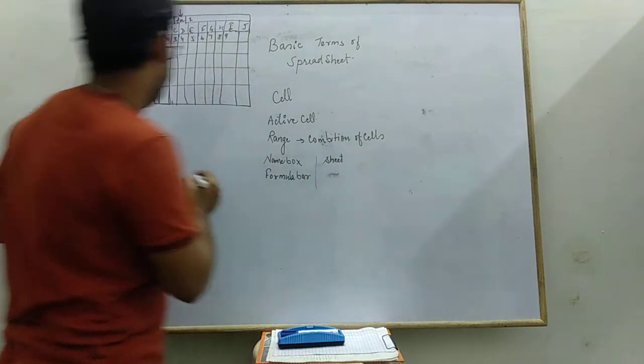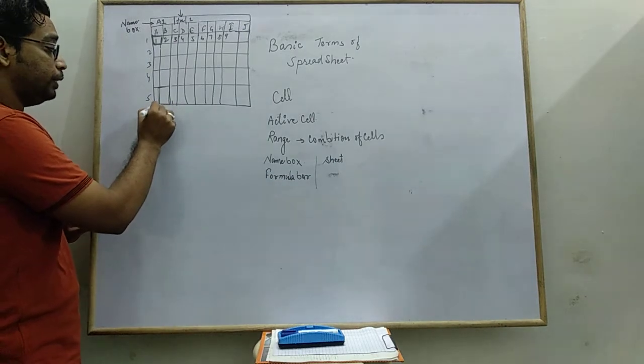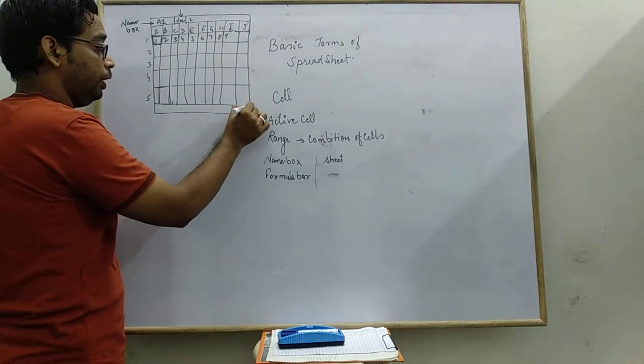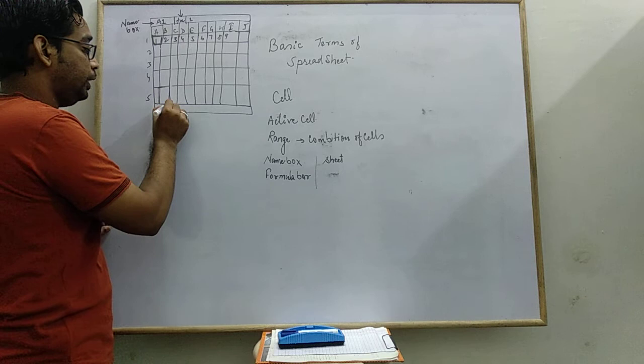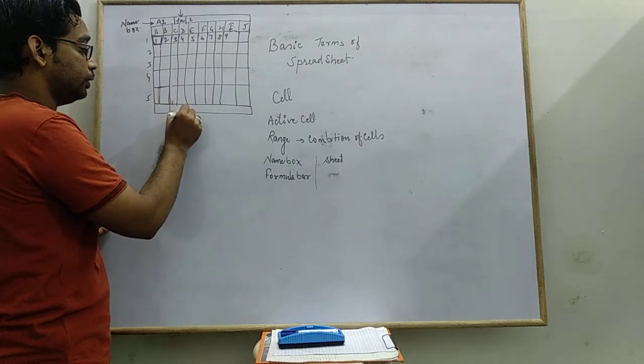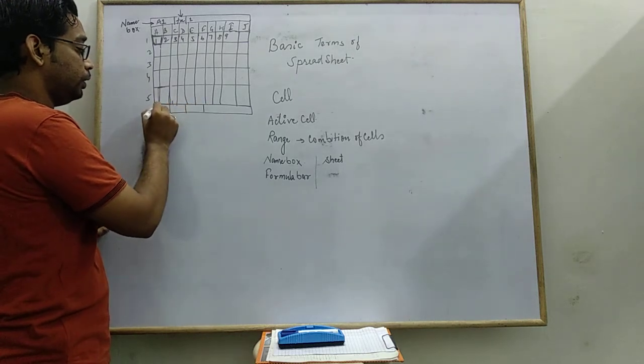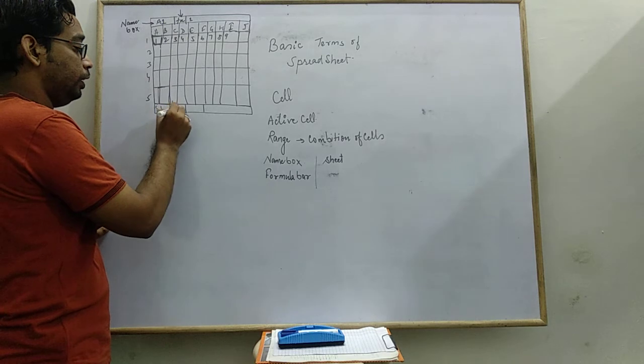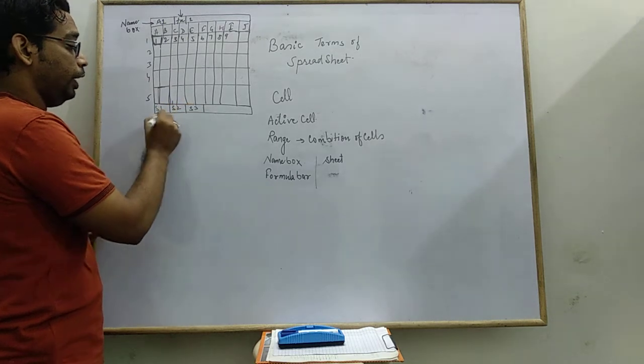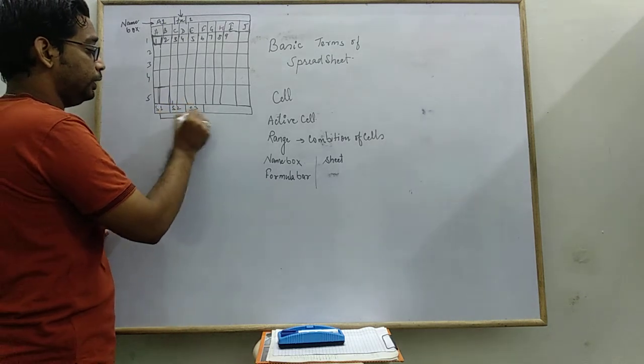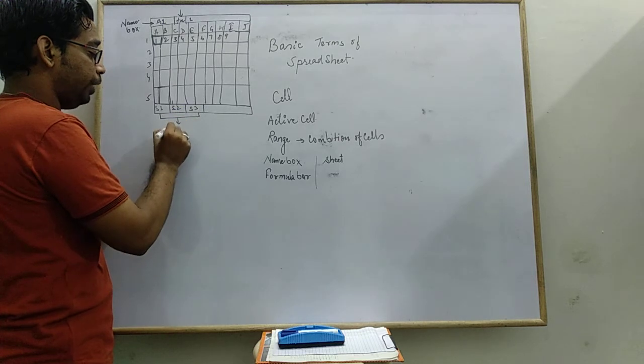Now the sheets. Sheet: just at the bottom of the page, this one, by default there are 3 sheets: Sheet 1, Sheet 2 and Sheet 3. Sheet means pages of Excel.